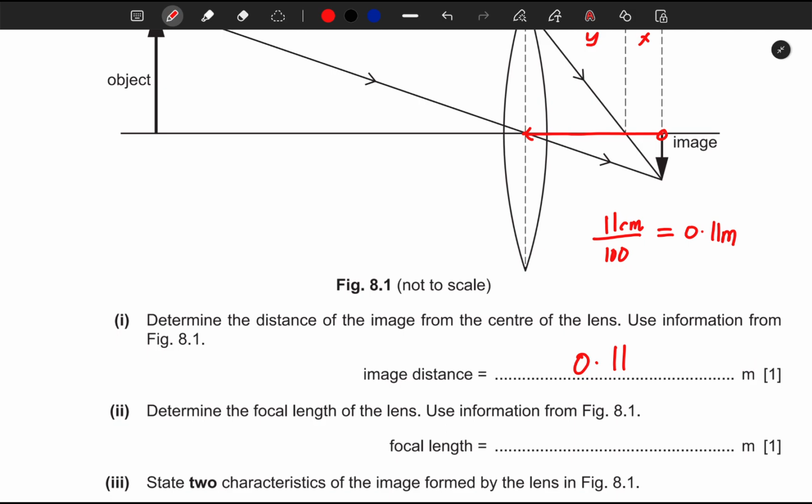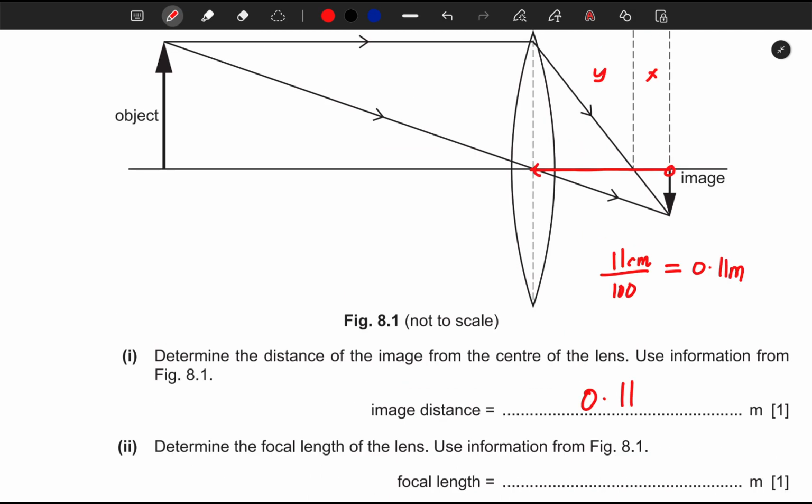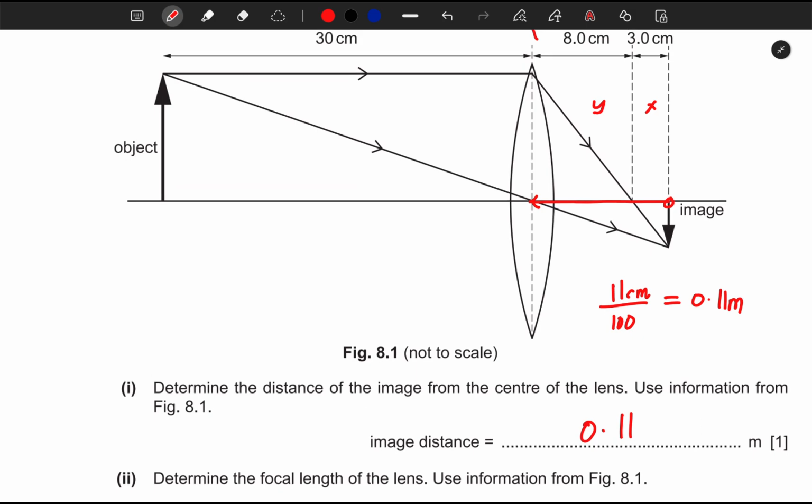Determine the focal length of the lens. Use information from 8.1. Now, the focal length is usually the distance from the center of this lens all the way to the focal point. In our case, our focal point can only be determined by this line. This line here is helping us find the focal point.